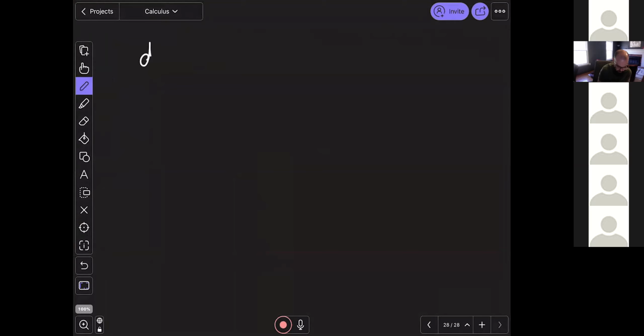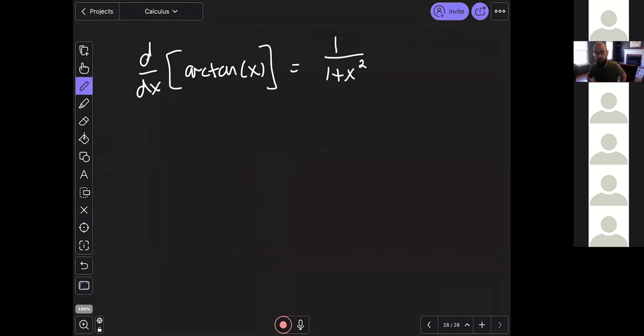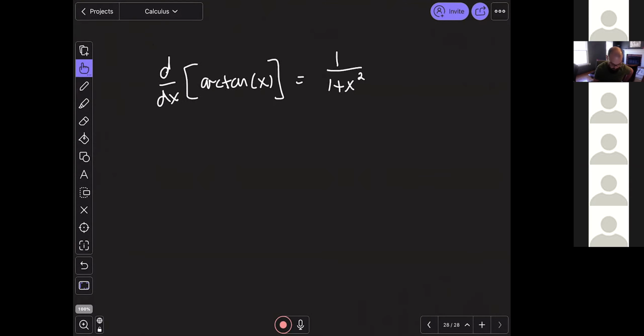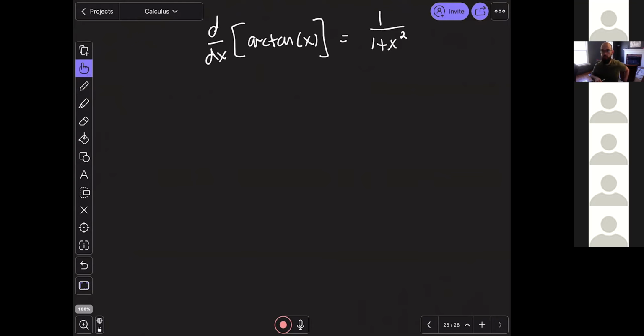So our derivative of arctangent, we can put this one in our rules, is 1 over 1 plus x squared. So that's pretty cool to me. I like this one. All right, so arctangent is super useful. We use it a lot when we're finding angles and when we are doing some digital animation stuff.